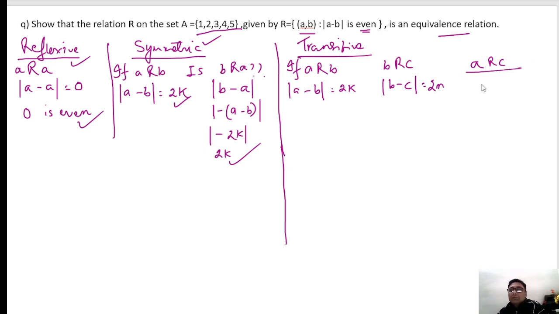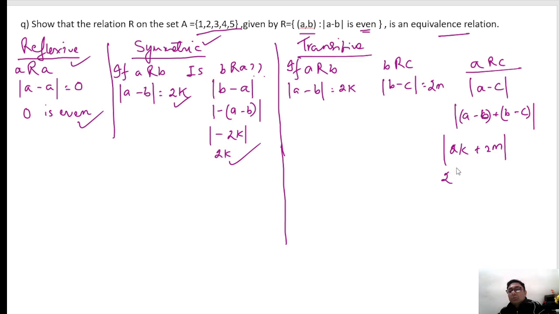So a R c means mod a minus c. So I can write it as a minus b plus b minus c. So a minus b is 2k plus 2m.